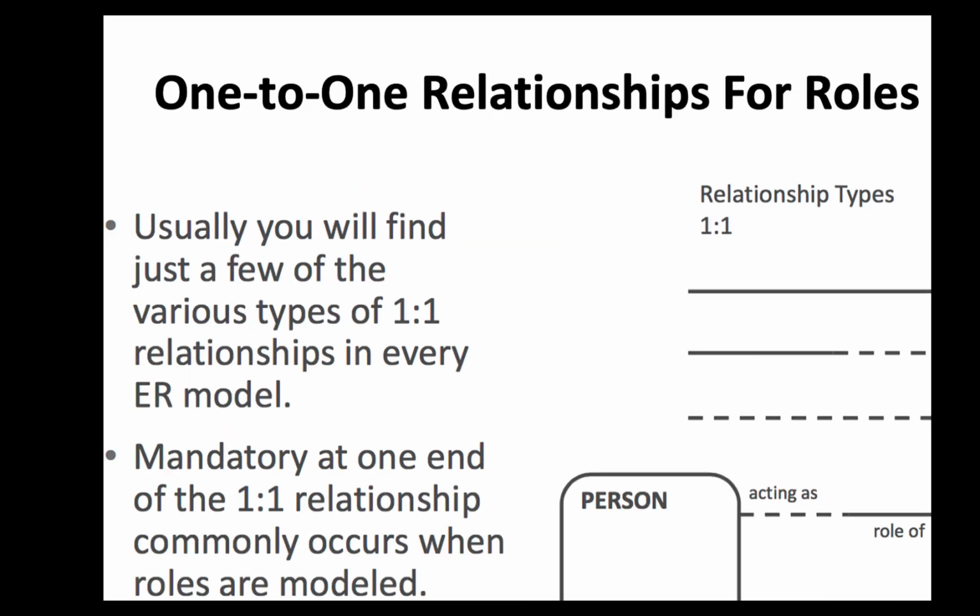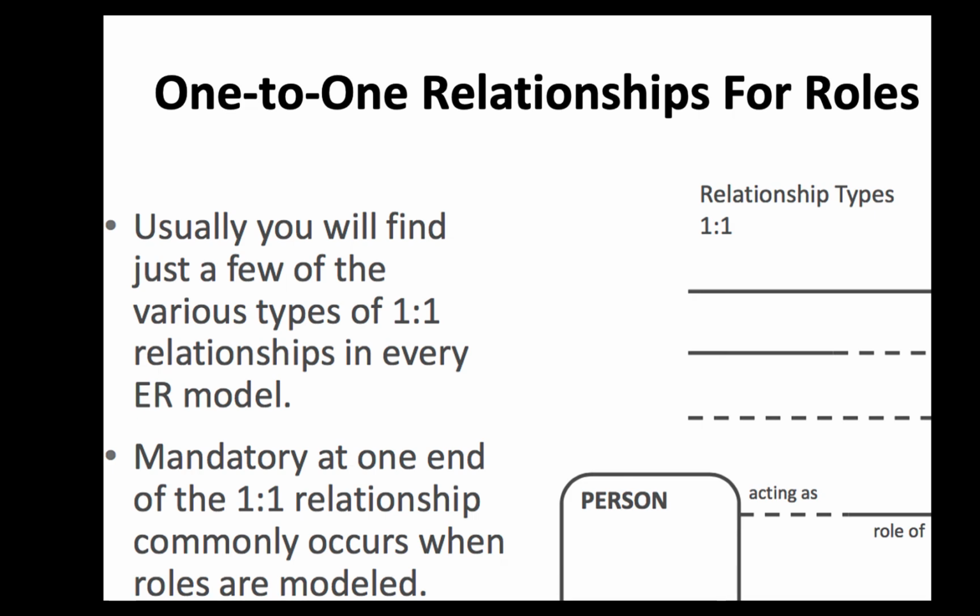Another type is the one-to-one relationship. We talked about country and capital. Each country must have one and only one capital, and each capital must belong to one and only one country.